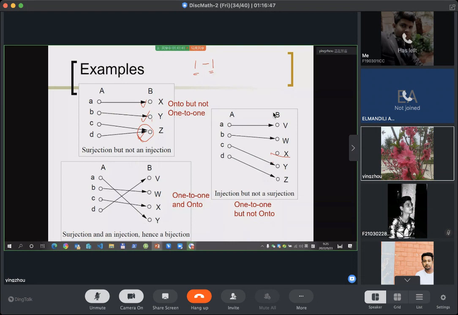Because it is one to one and that's very important.